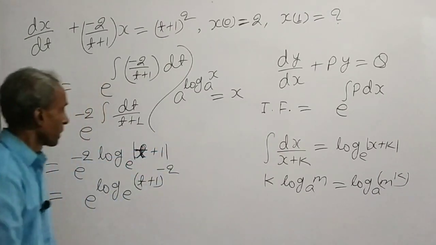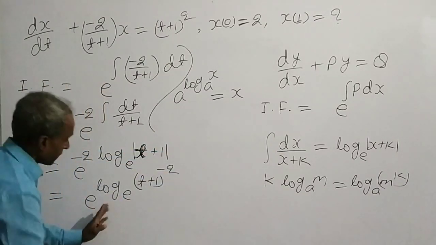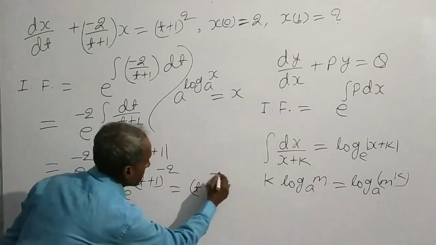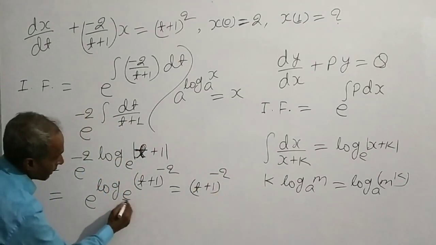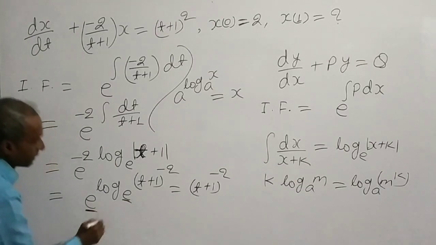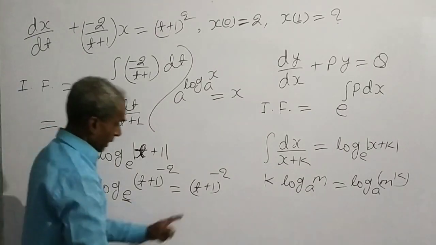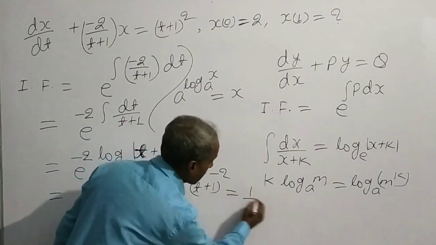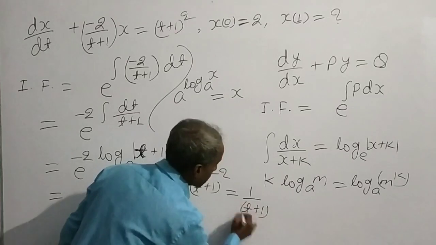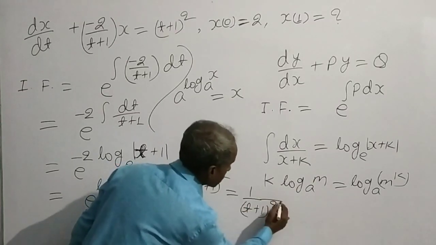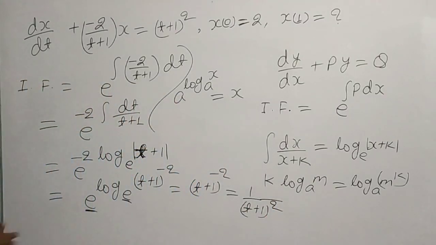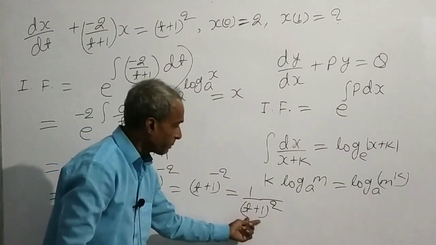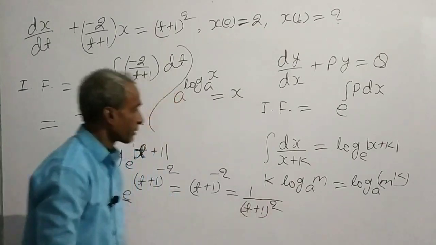By applying this formula, this will become equal to t plus 1 to the power minus 2, because here is e, and t plus 1 to the power minus 2 will be equal to 1 by t plus 1 square. Therefore, the integrating factor is 1 by t plus 1 square.